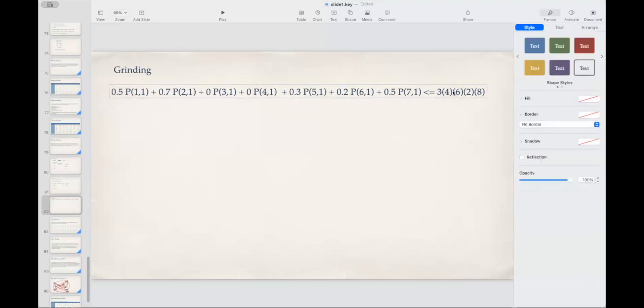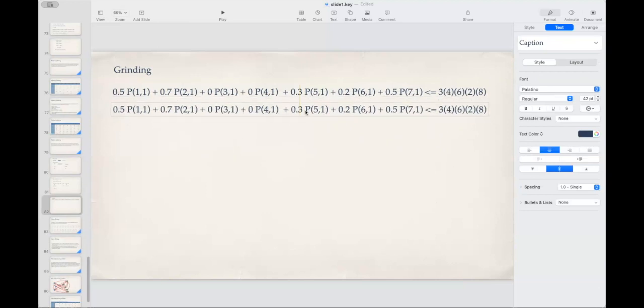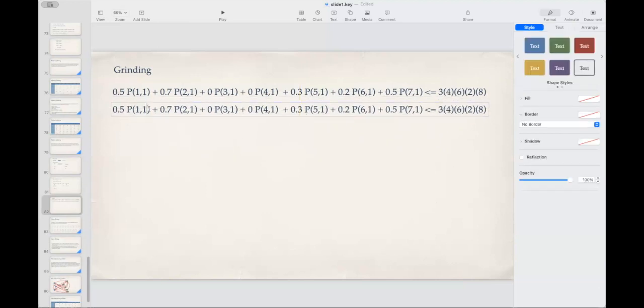This is only for the first month. We check the grinding again for the second month, so we should change the second dimension from 1 to 2.